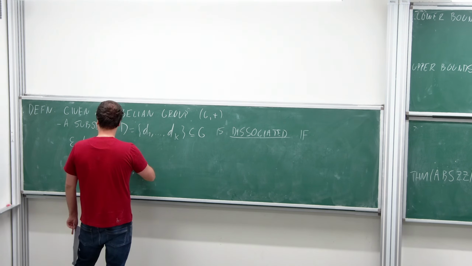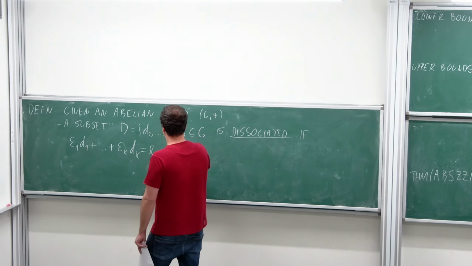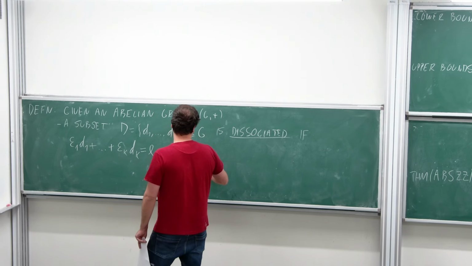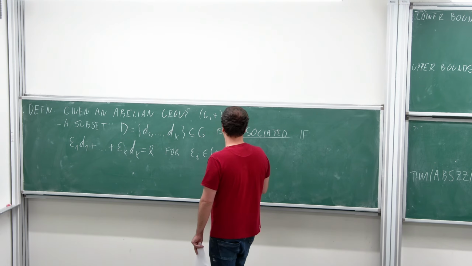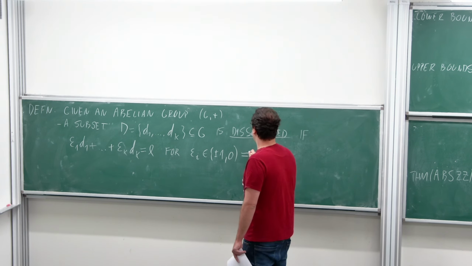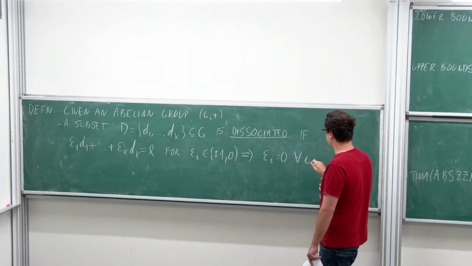So, the sum of epsilon_i d_i equal to the identity for epsilon_i in {-1, 0, 1} implies that epsilon_i is equal to 0 for all i.